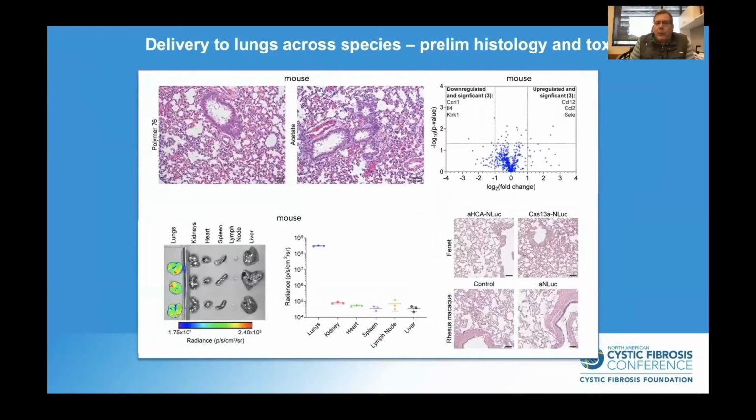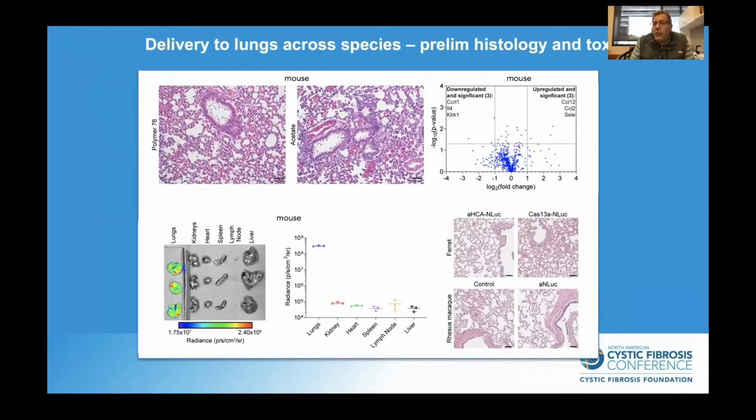So a couple of other points that we think are important is obviously preliminary histology and tox from this particular vehicle. So in a mouse, we specifically looked at 76 and compared that to just sodium acetate, which is what the solvent is. We did look at preliminary NanoString data, essentially gene expression data across, I think, something between 500 and 600 genes.